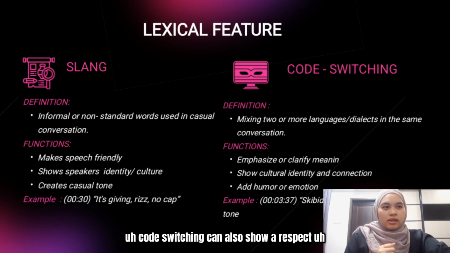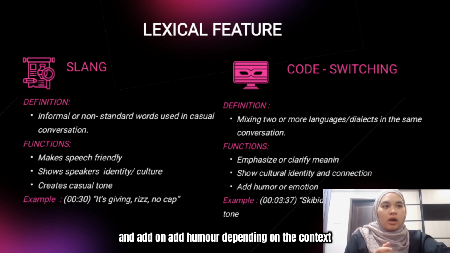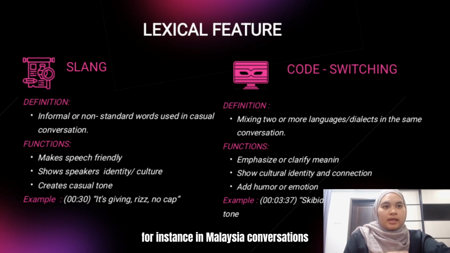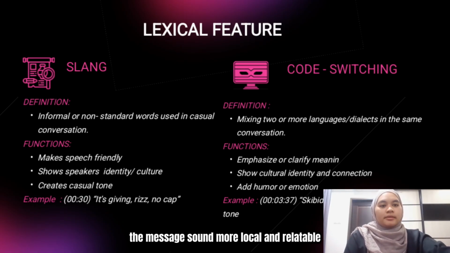Code switching can also show respect and add humor depending on the context. For instance, in Malaysian conversations, it is common to hear English sentences mixed with Malay particles such as lah or mah, which make the message sound more local and relatable.